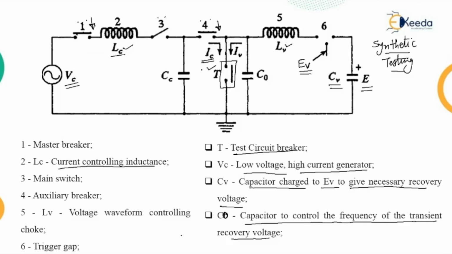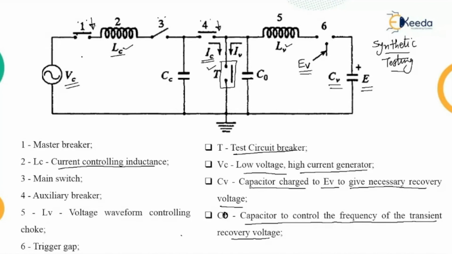At some instant, say T0. Now we are going to see the waveform also, as this particular testing is used for synthetic testing, and this arrangement is used in the laboratory for synthetic testing. So therefore, we are going to check the waveform also for the generation of short circuit current.